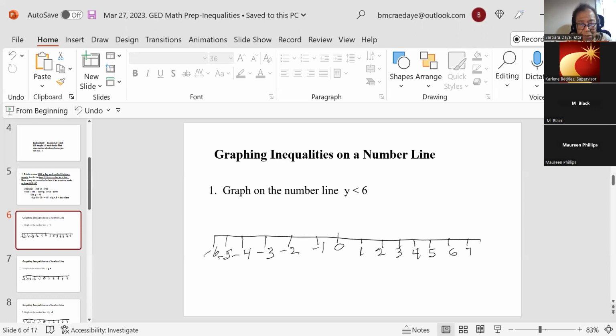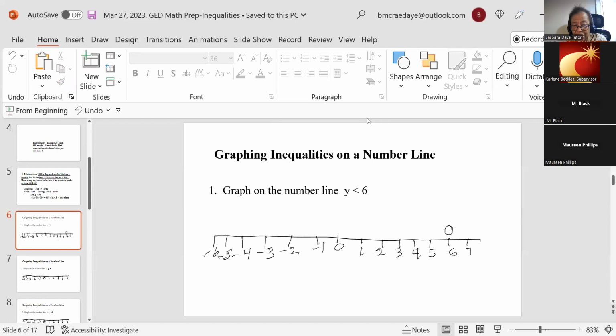Maureen, where would I put the circle? Tell me the number. 6. You put it on the 6. Okay, so let's go here, and I'll put it here.